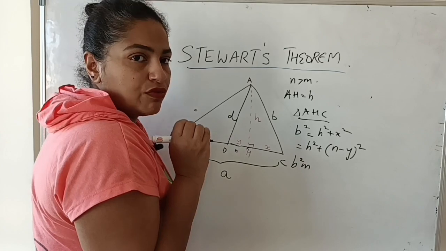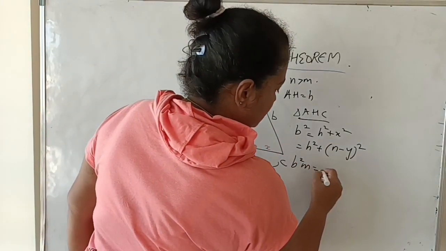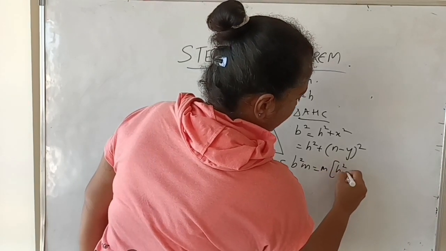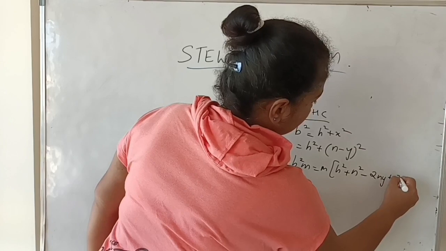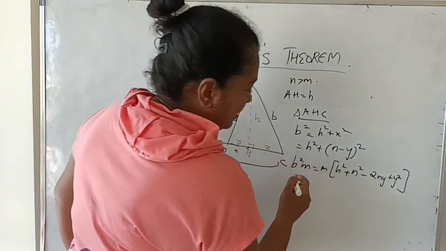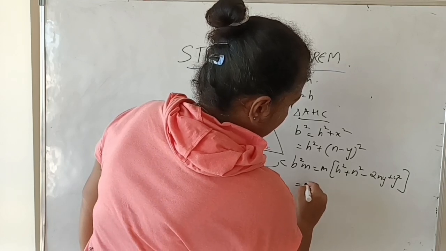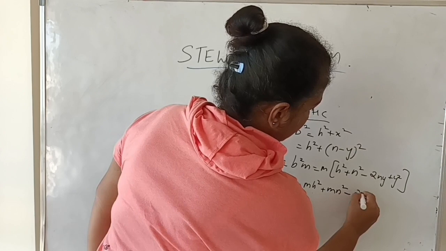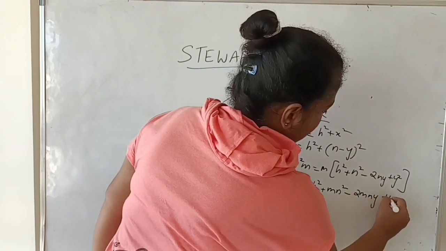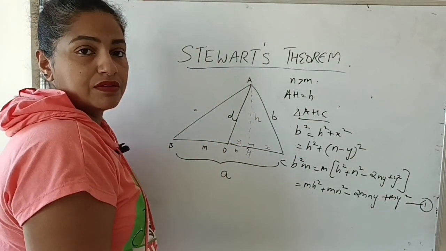The reason we are taking b square M is because the LHS of our theorem had b square M. So b square M becomes M into (H square plus N square minus 2NY plus Y square). Multiplying with M, what do you get? MH square plus MN square minus 2MNY plus MY square. Let this be our first equation.